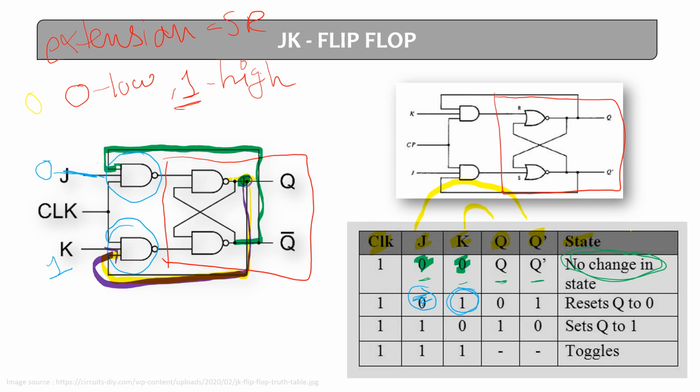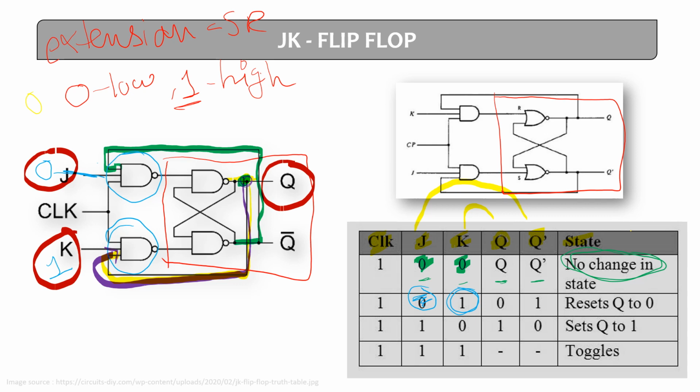So I can say that the value of the K and the value of the Q matters to change the state of the device when my K is 1 and J is 0. Fine, so this is about the second combination.